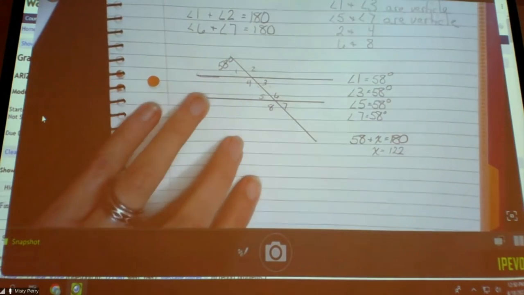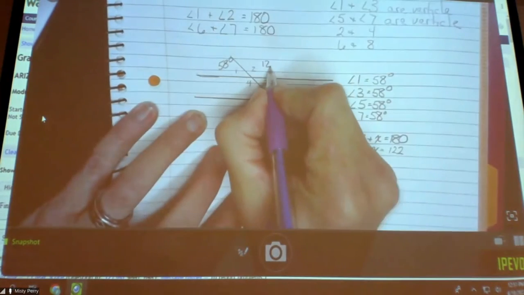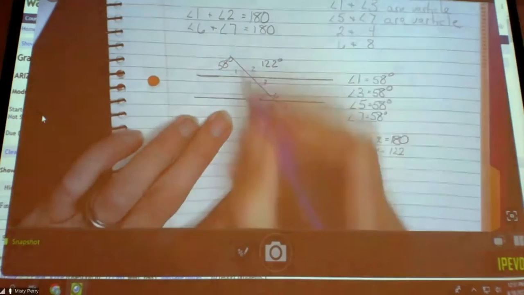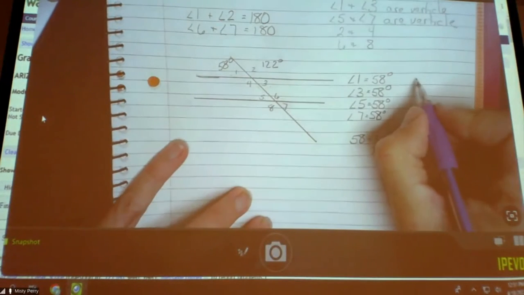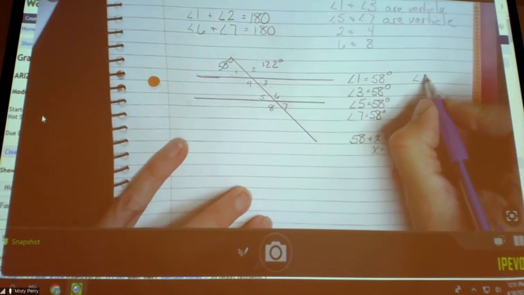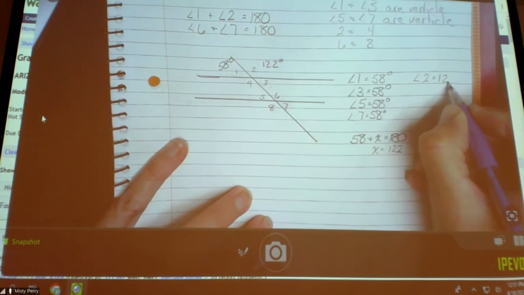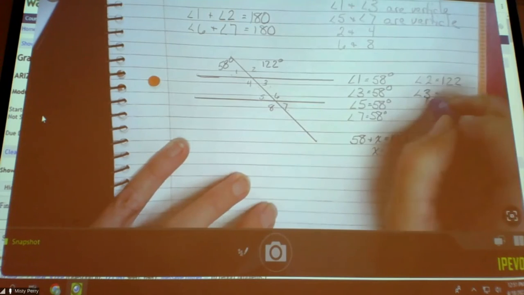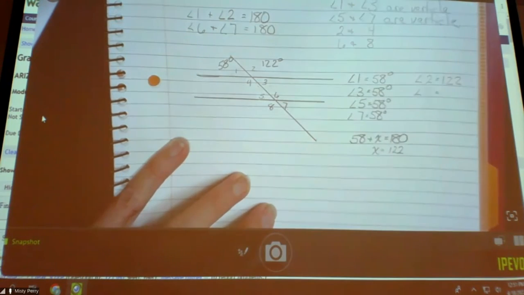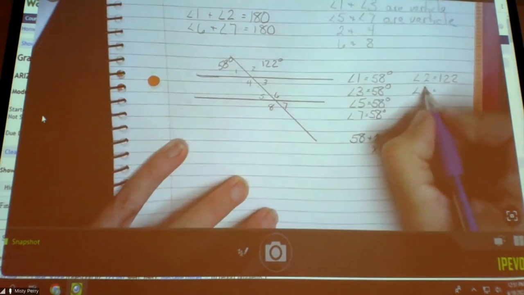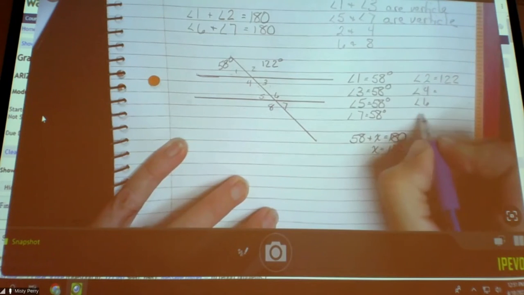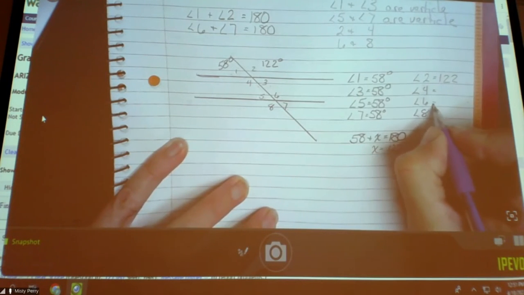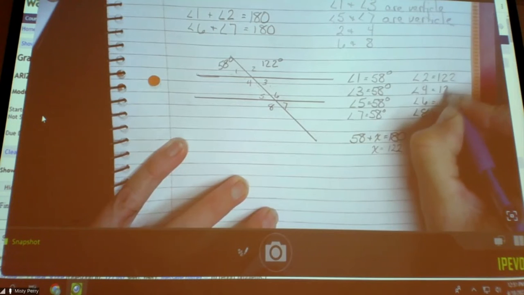Okay, so if this one is 122, all of the rest of these equal angles are going to be the same. Okay. 6, angle 8. So these will all be the same.